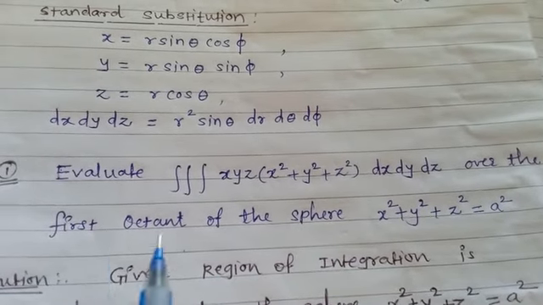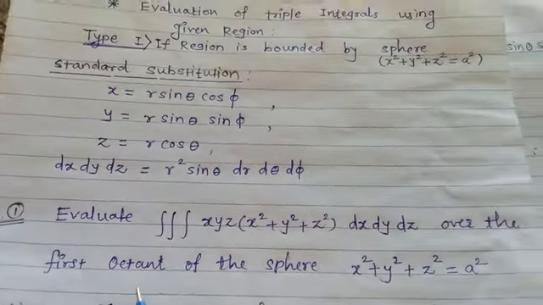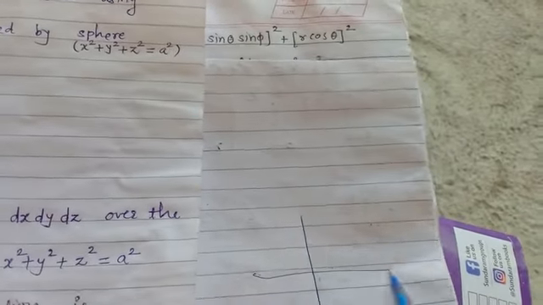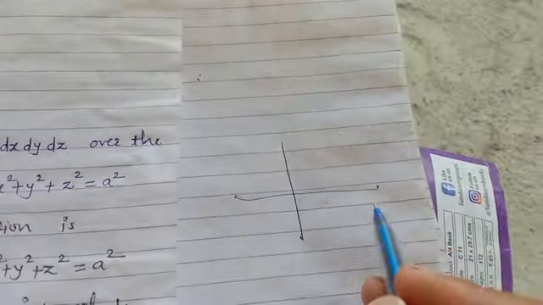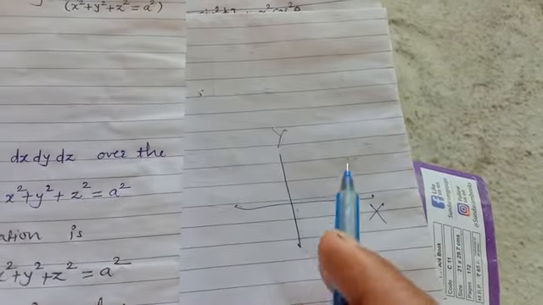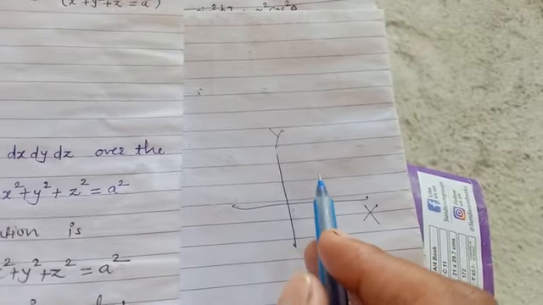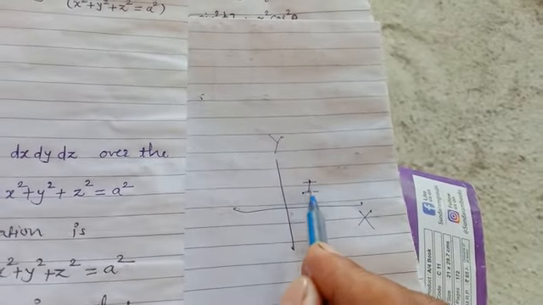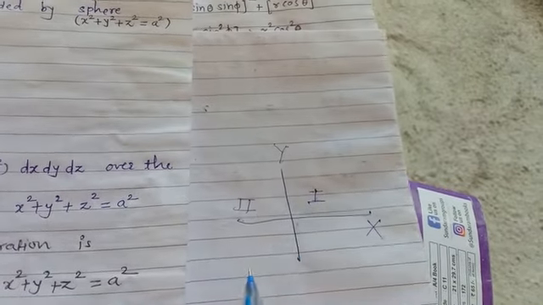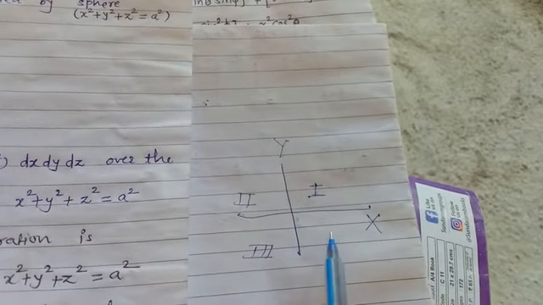First of all, understand the meaning of this first octant. We know that in a 2D system there are four quadrants. Suppose this is the x and y axis, and this is the 2D system. This positive quadrant is the first quadrant, this is the second quadrant, this is the third quadrant and this is the fourth quadrant.